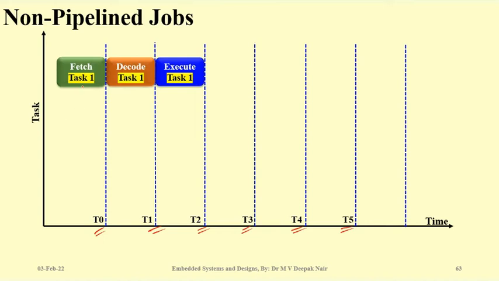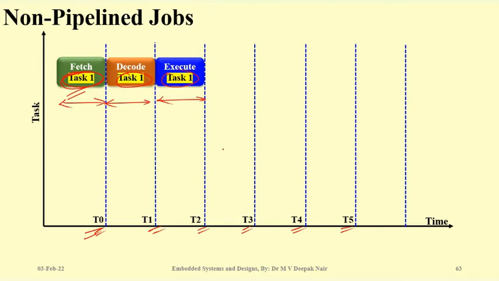So when you have a non-pipelined job, task one will come, and it will take time T0 to fetch the instruction. Then after that, because you are not using pipelining, this task one will be decoded, then executed. So it took T0 to T2 to complete task one: fetch, decode, execute.